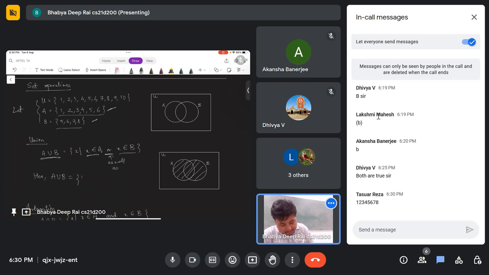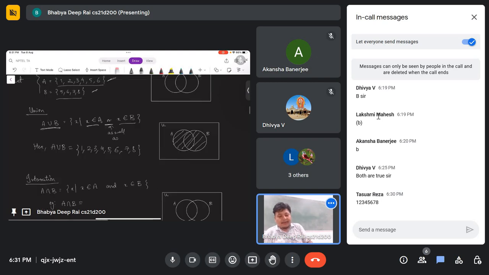So 1, 2, 3, 4, 5, 6 are in A, as well as the elements which belong to B. B has 5, 6, 7, 8, but remember the point I said earlier about sets and multisets. So I don't need to keep writing 5, 6 again, because 5, 6 are already there in the set. So this is your set A union B.